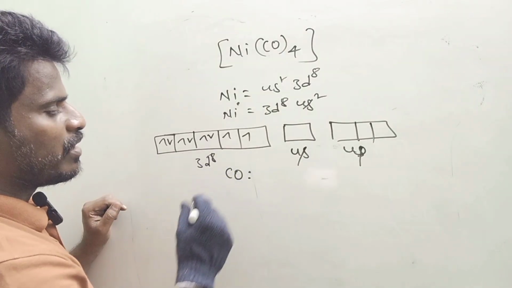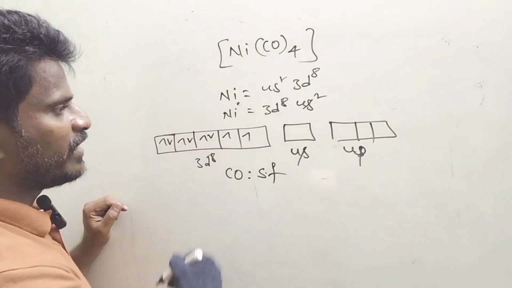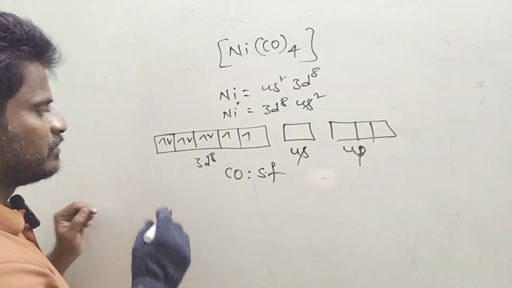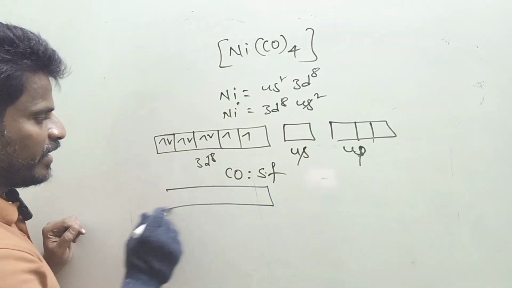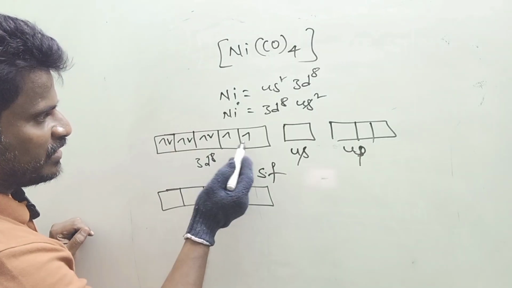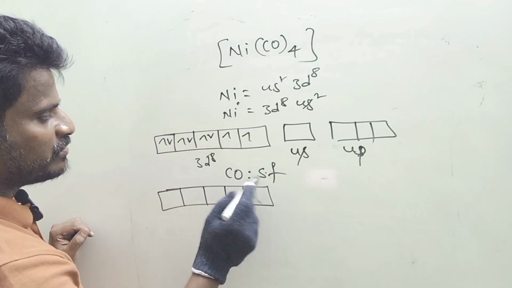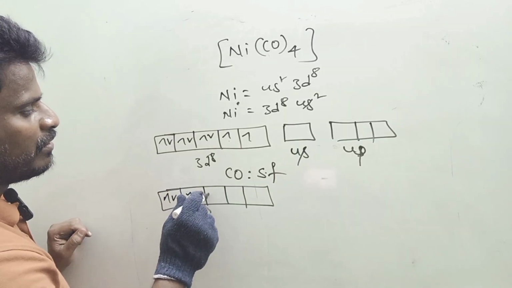Here the CO carbonyl ligand is also a strong field, then pairing of electrons takes place. It indicates one d orbital is empty. The unpaired electrons pair up in the presence of a strong field.